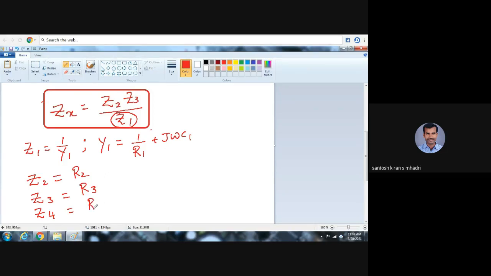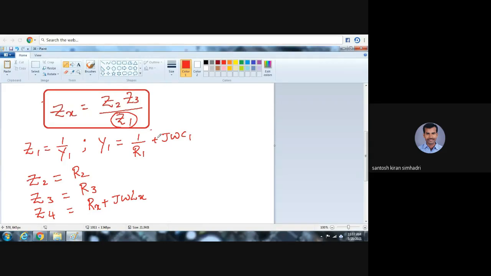I will write Rx plus J omega Lx. Is it clear? Please take this expression by heart, everyone. This is the bridge balanced condition equation.